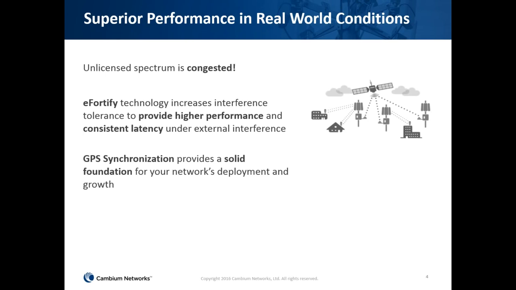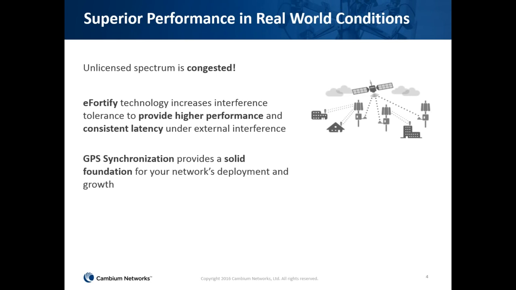Yes, so what we can do is frequency reuse. I like to say that frequency reuse is enabled by GPS sync, because without GPS sync you're very constrained in the amount of frequency reuse that you can do. I have a slide discussing this a bit later on.